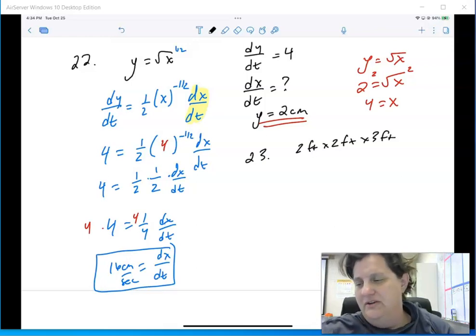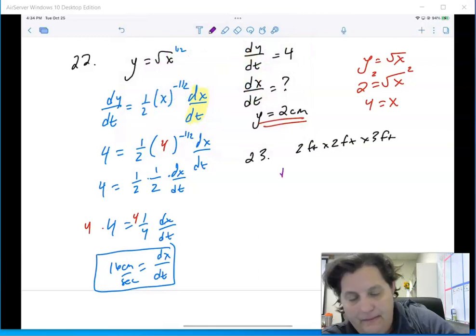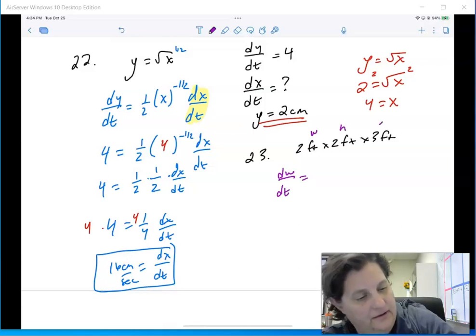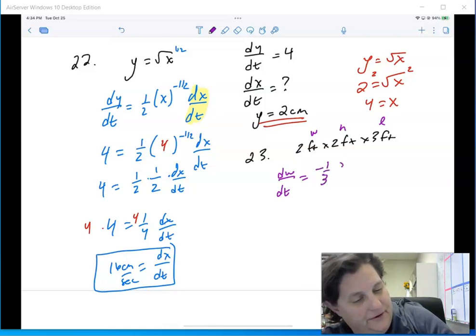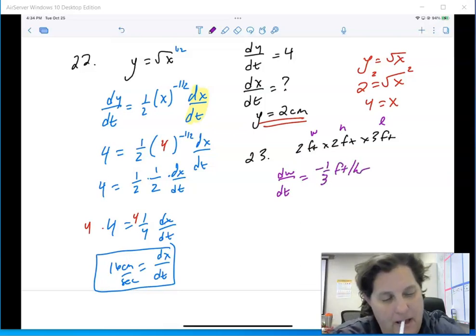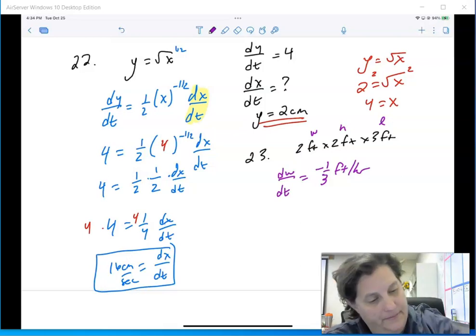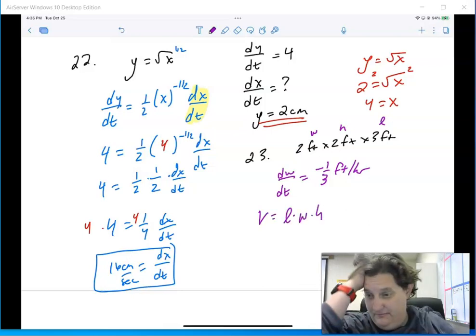The rate of change of the width, all right, dw dt, yeah, let's go wide, high, length, okay, is negative 1/3 feet per hour. Find the rate of change in the volume when the width is 1. Okay, the volume of this thing is length times width times height.